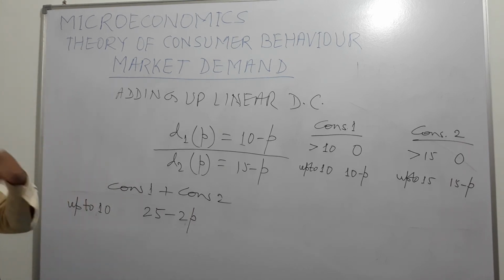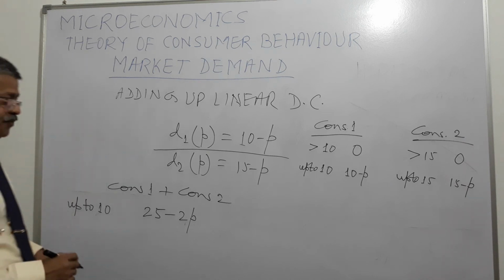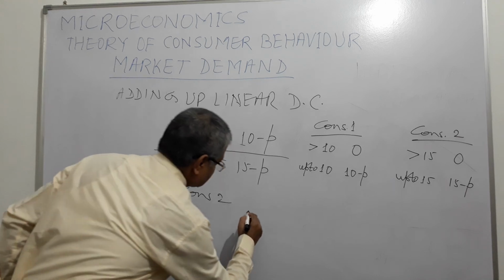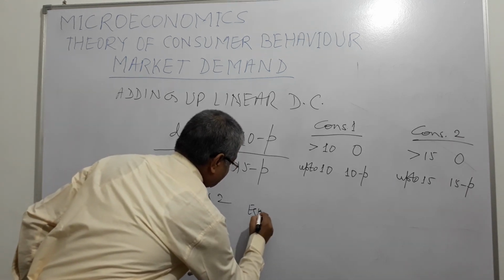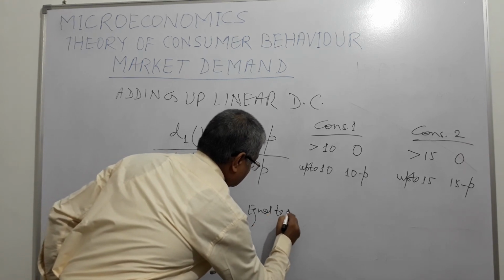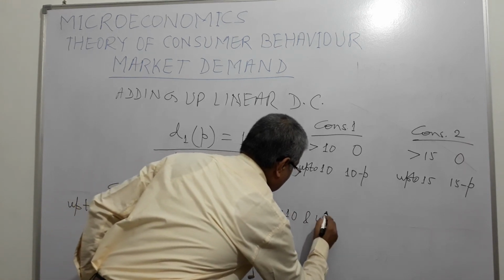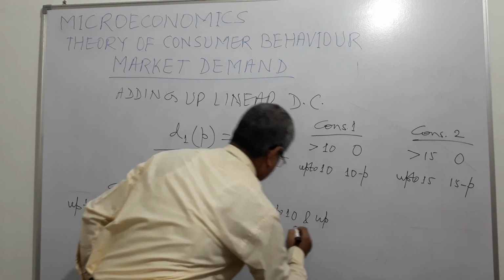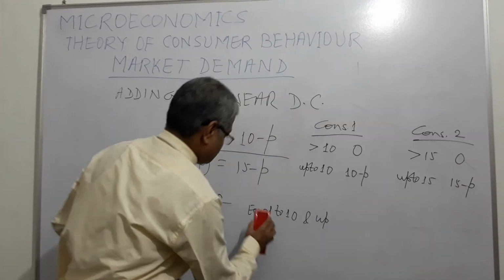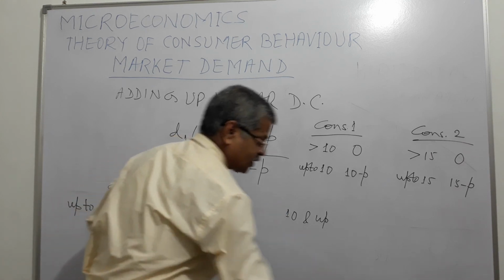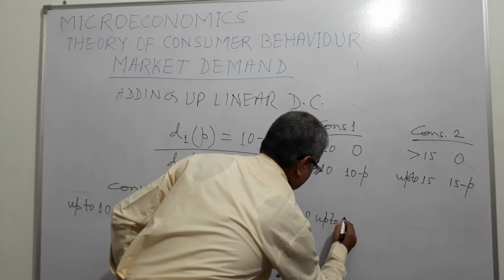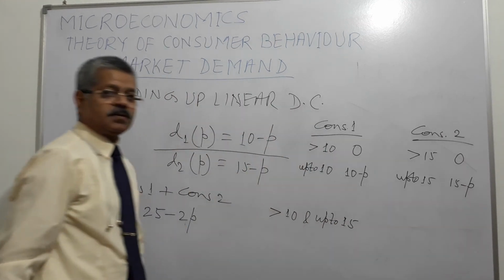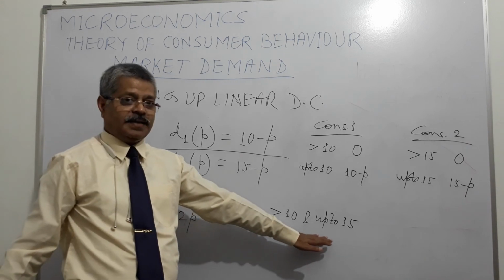Now, one more dimension remains. What happens between 10 and 15? Not equal to 10, but more than 10 and up to 15.